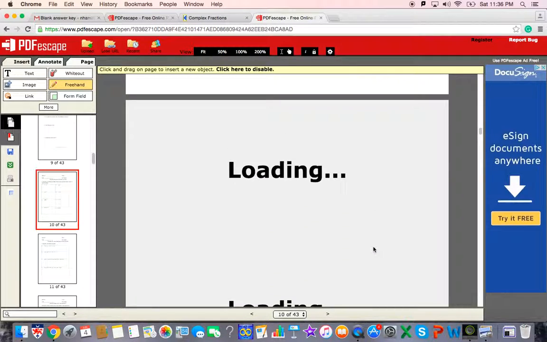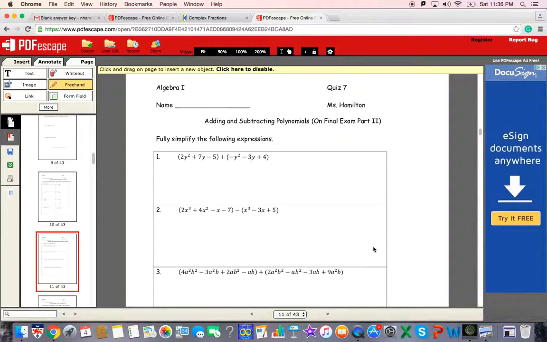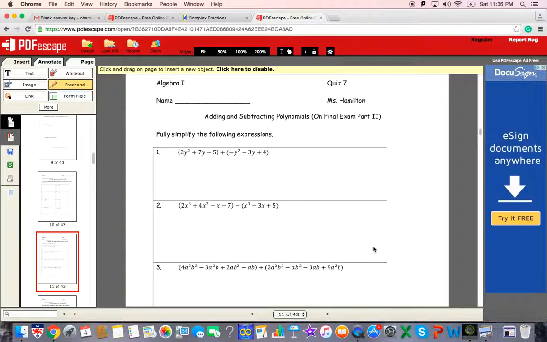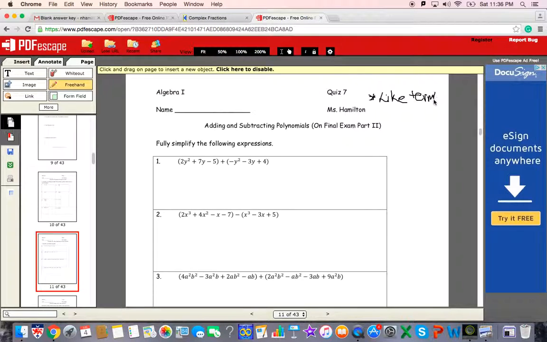All right, now moving on to the next quiz, where we are going to add and subtract terms or polynomials. A couple things to remember for this quiz, and I'll make a little side note over here. We can only add and subtract like terms, so we have to pay attention to what a like term is.